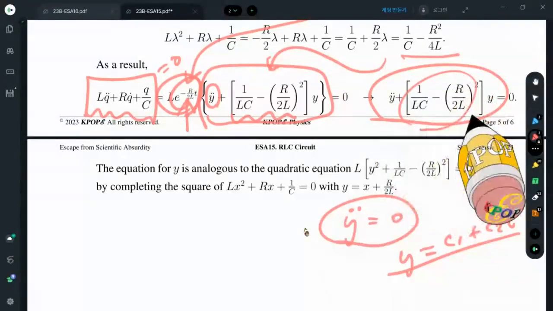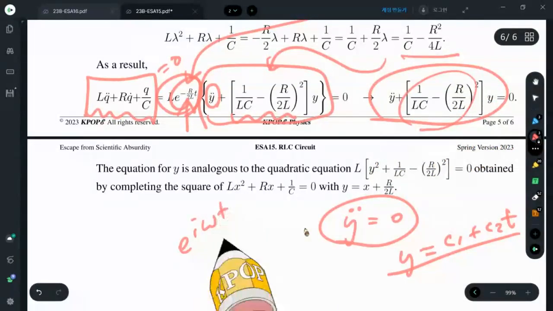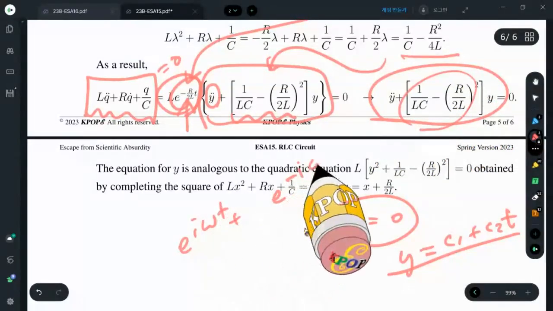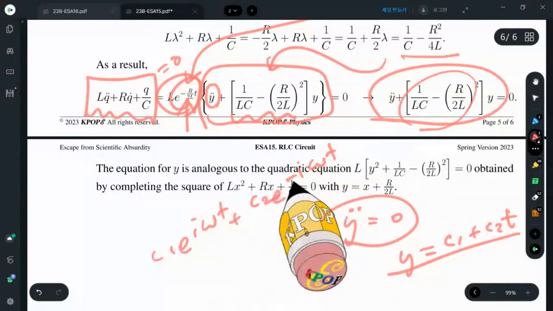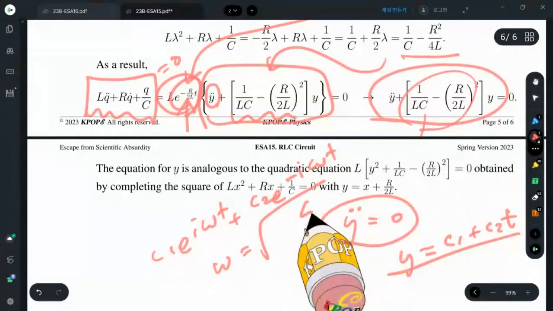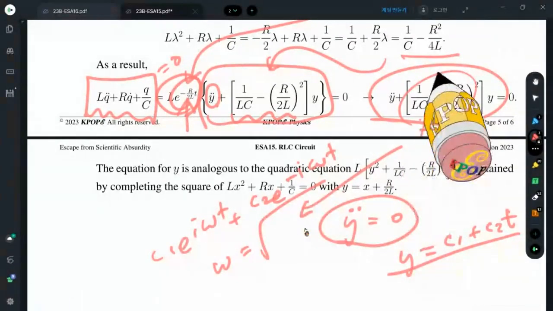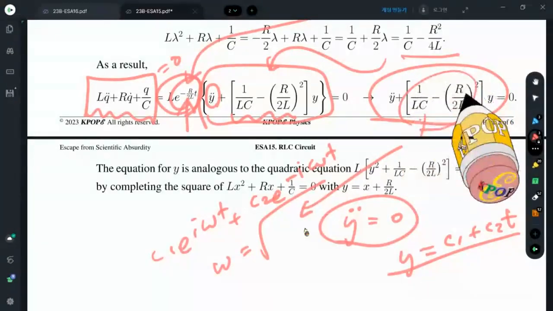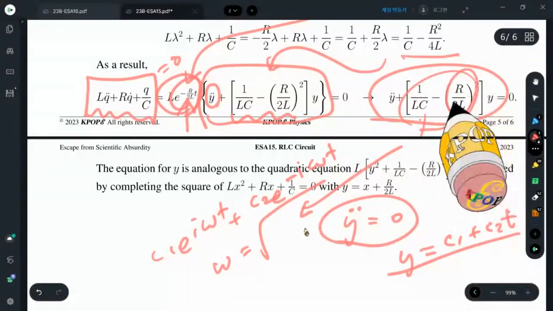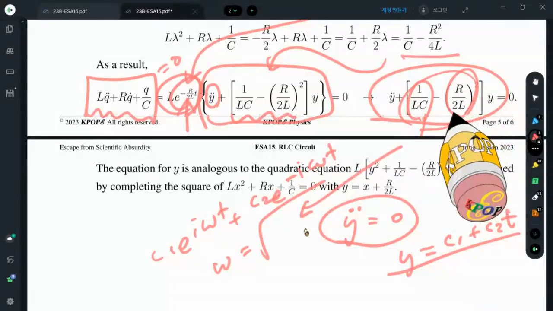If it is positive, a simple harmonic oscillator with e to the i omega t plus e to the minus i omega t, C1, C2, something like that, where omega equals the square root of this guy. Okay? What happens if they are upside down? I mean, this guy is greater than this guy. Then the damping force is very strong.